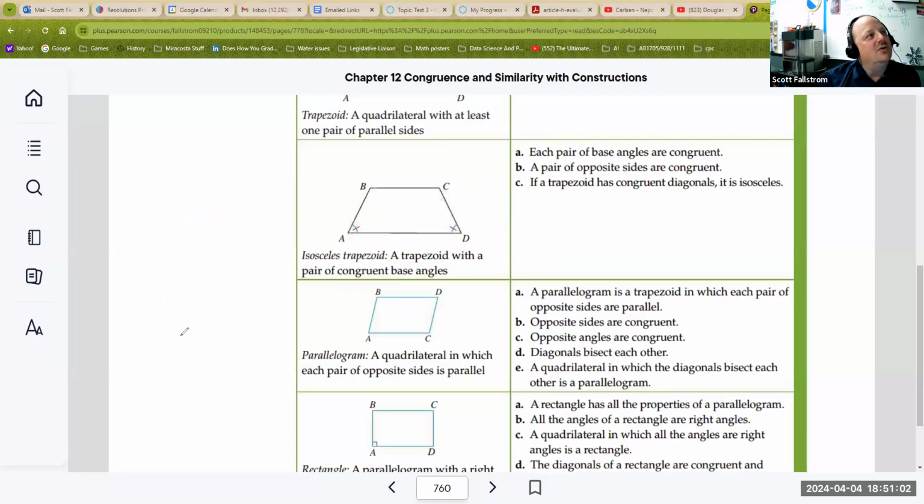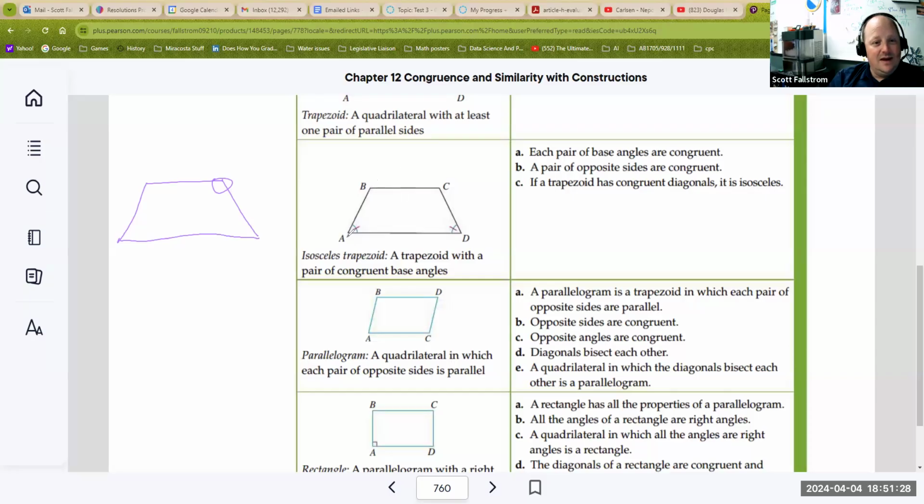What else could we do? Let's see here. You know one pair is congruent, right? So we just need one pair to be congruent. If we took, I wonder if we took the one that was obtuse, because if this is an isosceles trapezoid, then one pair has to have congruent base angles and one set has to be parallel.